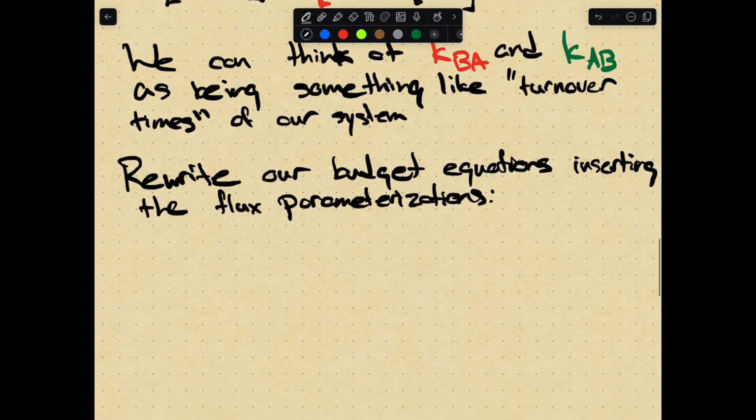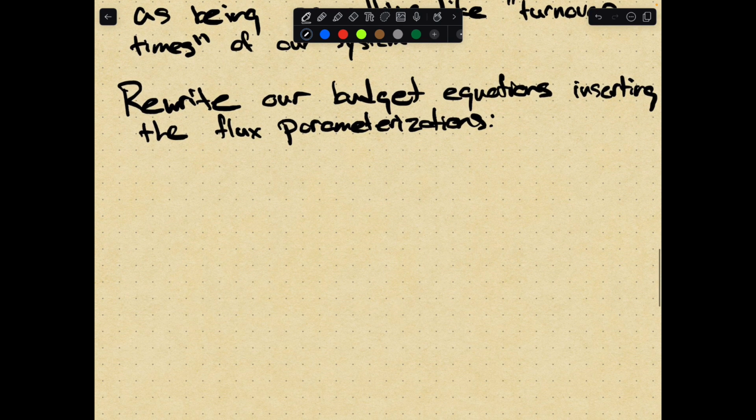Okay. So if we start off with the atmosphere, dC_A/dt, right?